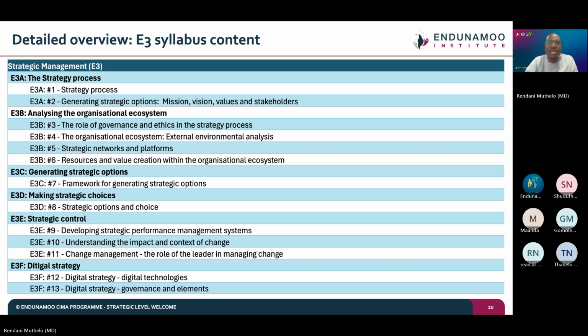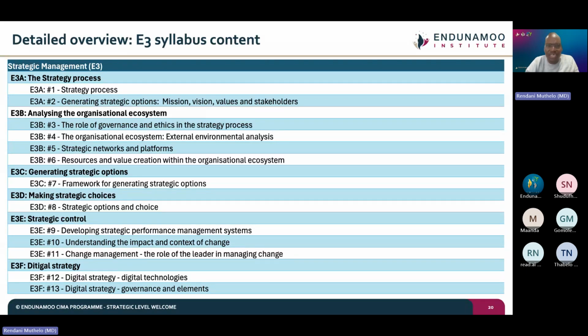So for instance, strategy process, there are 2 topics under it in your Kaplan textbook. There is the strategy process and generating what? Strategic options. Then when it comes to, say, analyzing the organizational ecosystem, there are 4 topics that we need to go through, which makes sense because it accounts for 20% of the syllabus.